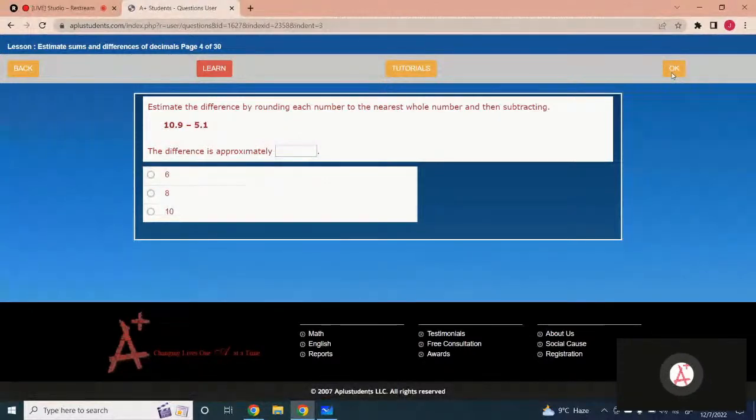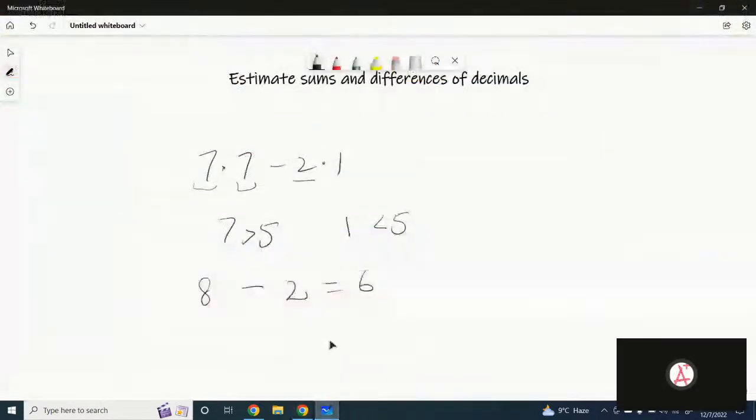Okay, the next one is 10.9 subtract 5.1. So which is the correct option? 10.9 is rounded off to 11 and 5.1 is rounded off to 5.